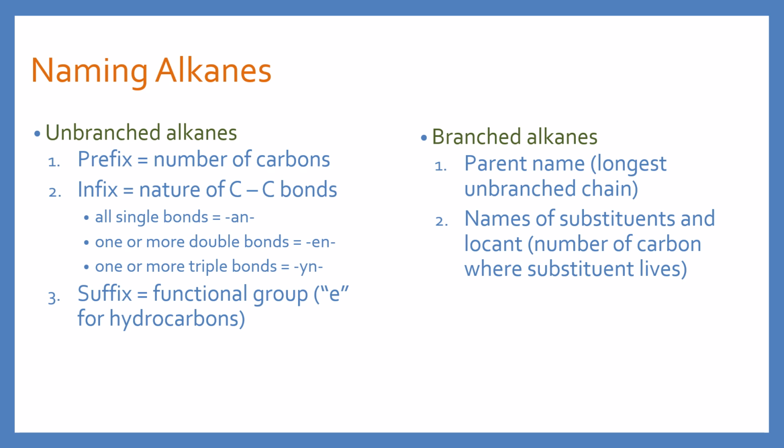So an example of an unbranched alkane would be something like this. This alkane has 5 carbons, and the prefix for 5 is pent. There are only carbon-carbon single bonds, so I'm going to use the infix AN, and this is a hydrocarbon, so my suffix is E. The branched alkanes actually is a different slideshow. We're going to get to that next, so I'm going to skip this for now.